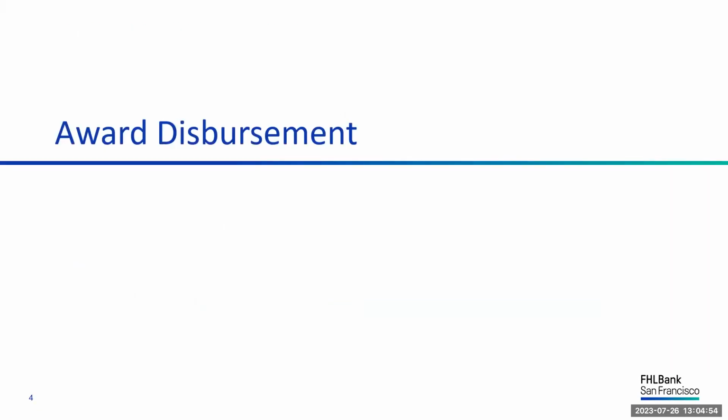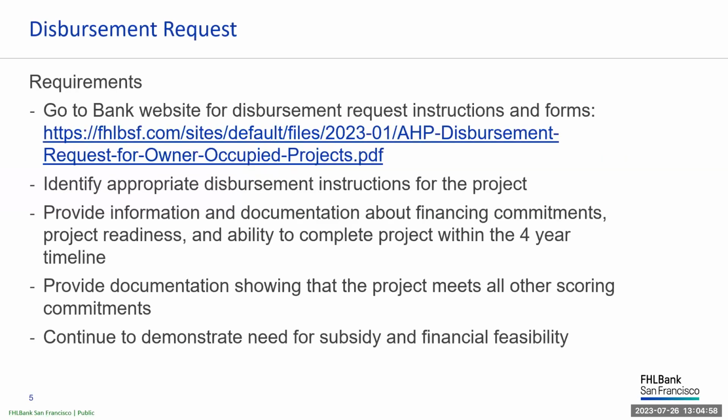So next we will cover the award disbursement. When you are ready to request disbursement of the AHP subsidy, visit our website and review disbursement request instructions. We aim to review disbursements within 45 days, but this processing depends on the complexity of the disbursement and also the responsiveness of the sponsor and member to additional questions.